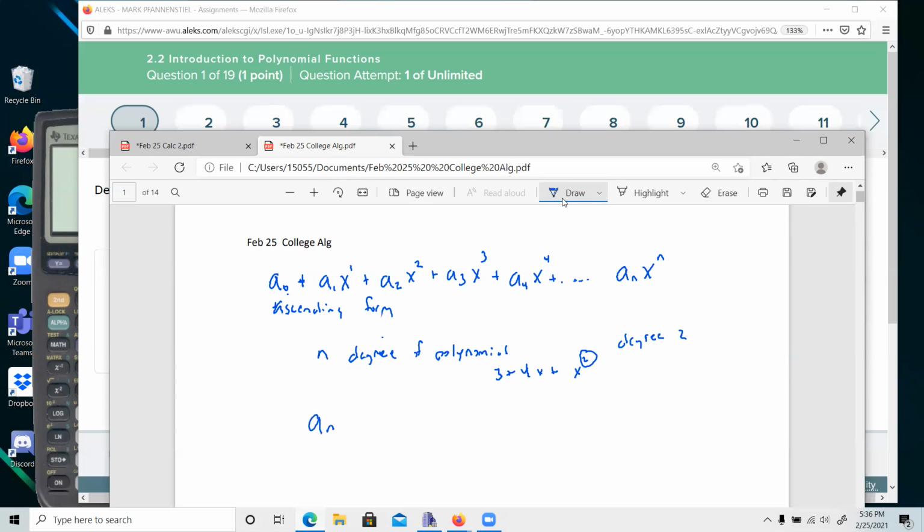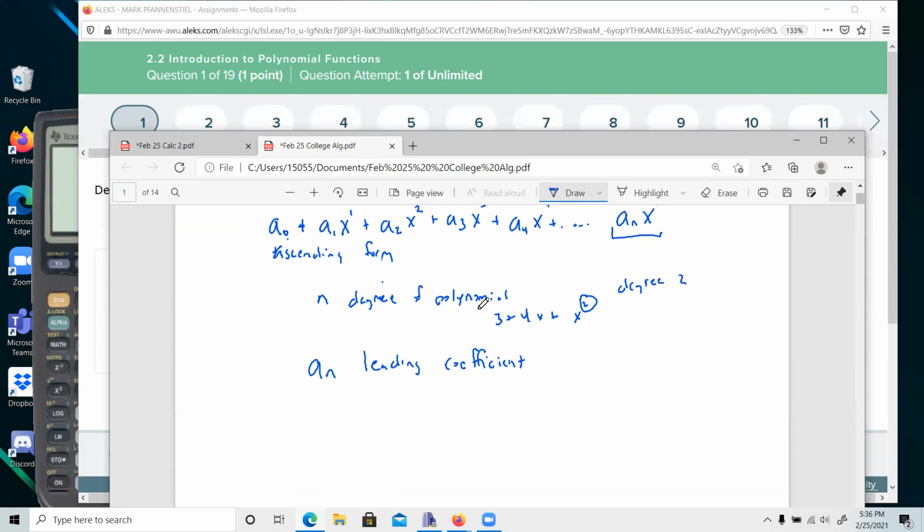The a sub n is the leading coefficient. All right. Because most of the behavior we're going to talk about really only deals with that term there. Okay, it's not that the other parts aren't important. It's not that they don't do anything to the function, but the biggest things that you're going to see are going to involve these two pieces here.